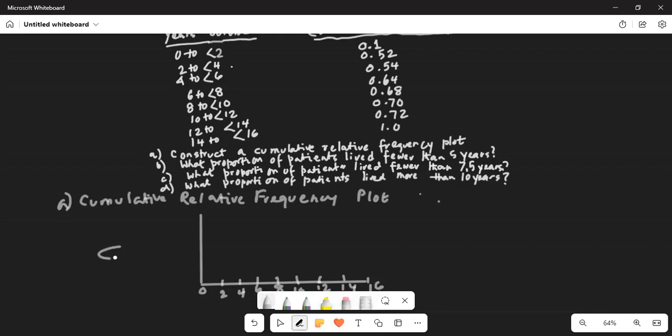And I have cumulative relative frequency on the vertical axis.